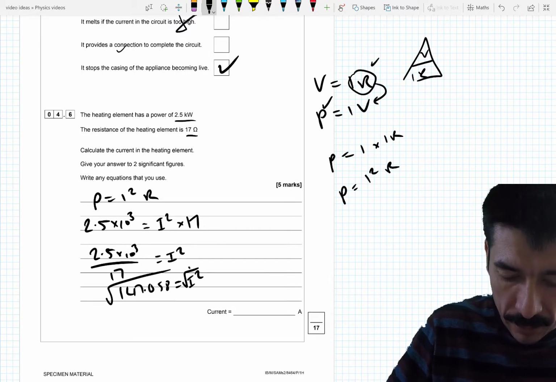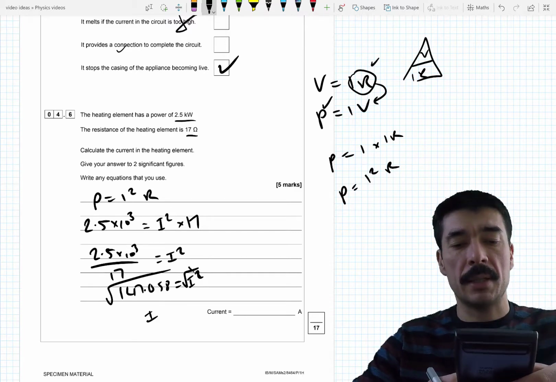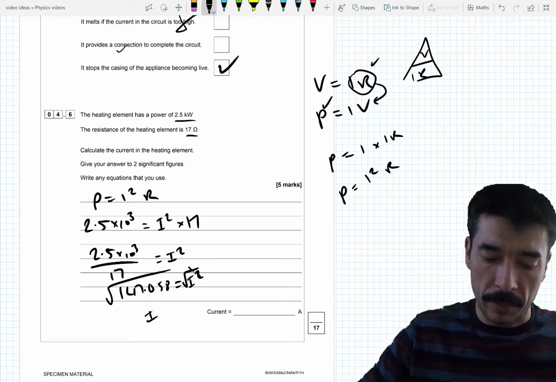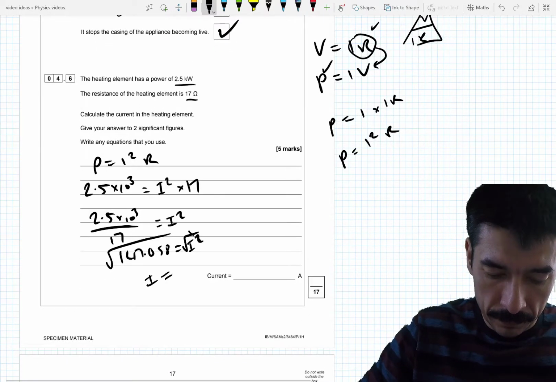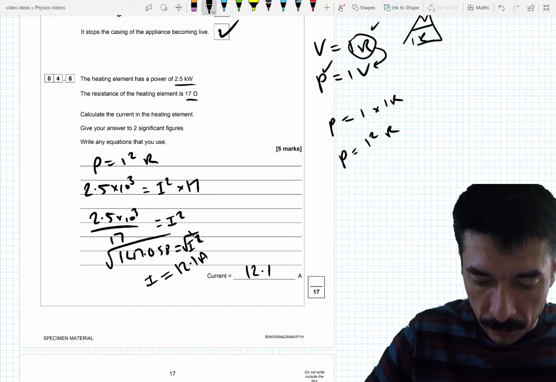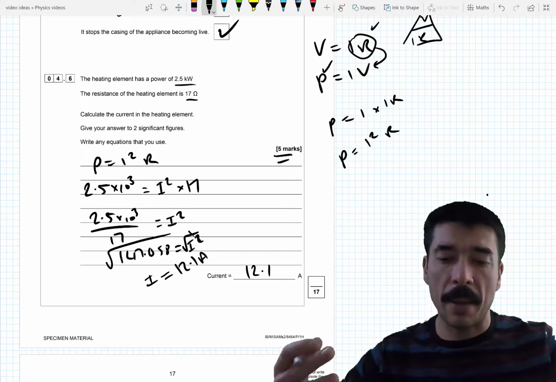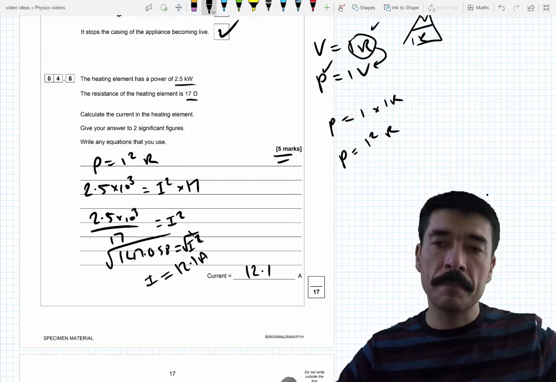Square root that, gets me I equals 12.1. Right, so no wonder this thing was worth 5 marks. There's a lot of steps and a lot of things you need to be thinking about for that one.